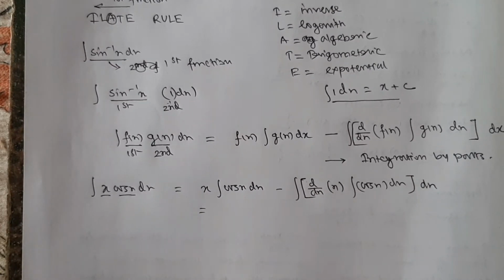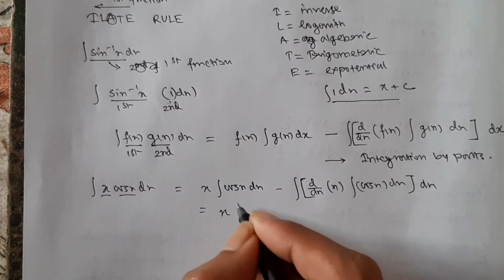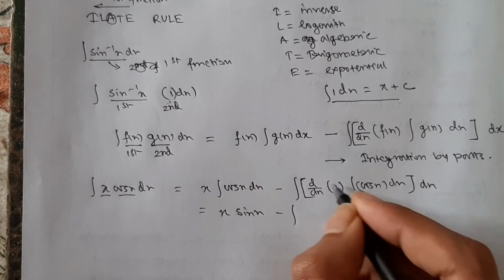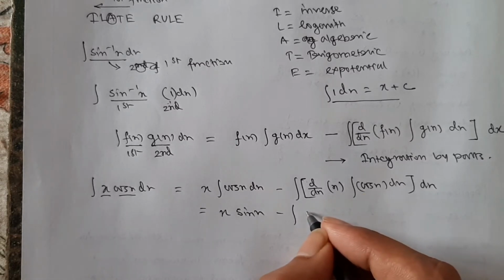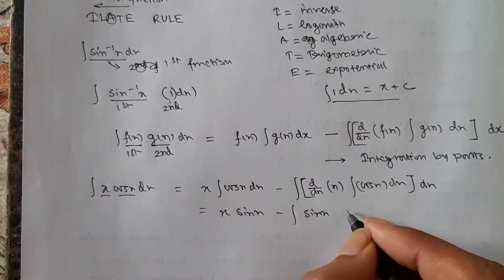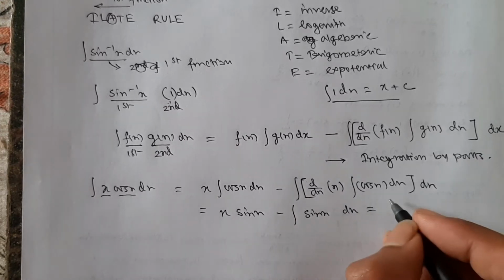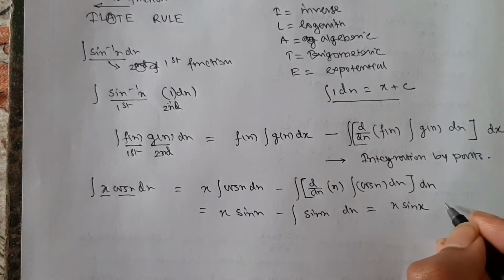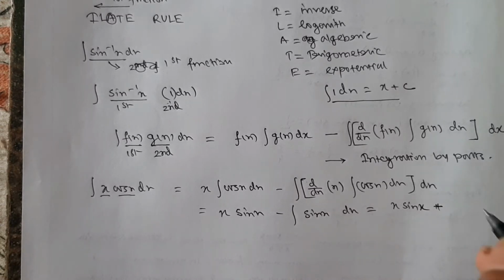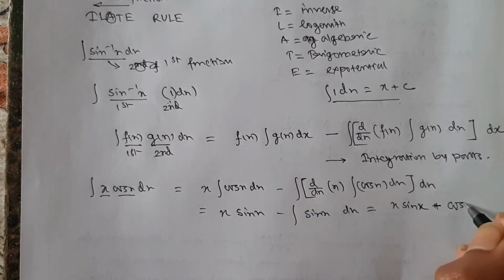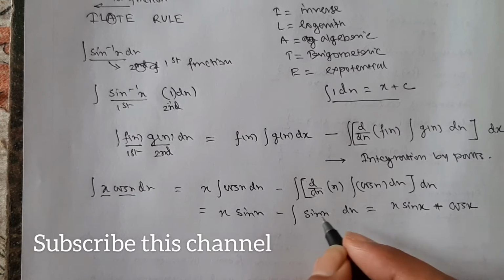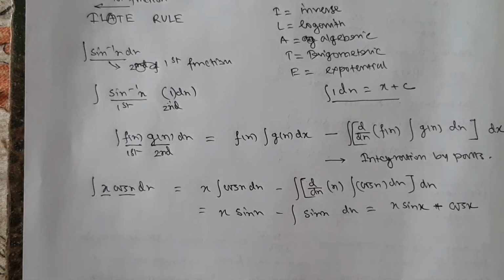So x cos x, the integration of cos x is sin x, minus the integral of sin x dx, is equal to x sin x plus cos x, because the integration of sin x is equal to minus cos x.